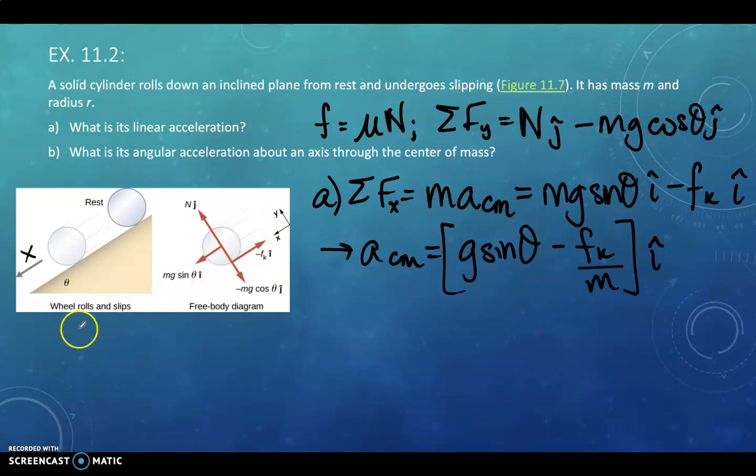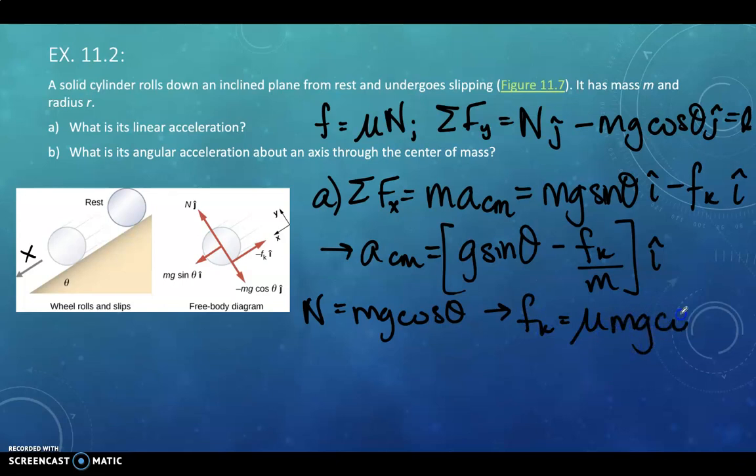Because it's only accelerating in the x direction, this is going to be equal to 0. Therefore, N is equal to mg cosine theta. So f sub k is going to equal mu mg cosine theta.